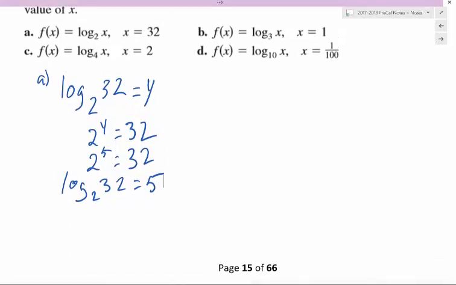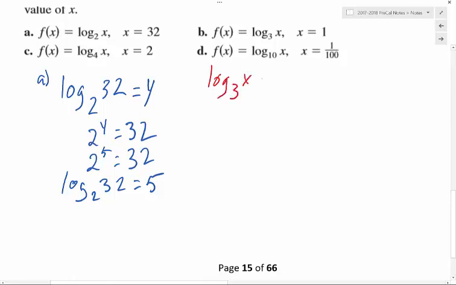Okay? Let's try B, and I'll try writing a little bit smaller this time. Log base 3 of 1 equals, we'll say, y. So 3 to what power will equal 1? Well, if I raise any number to the 0 power, it will always equal 1, no matter the size of the number.